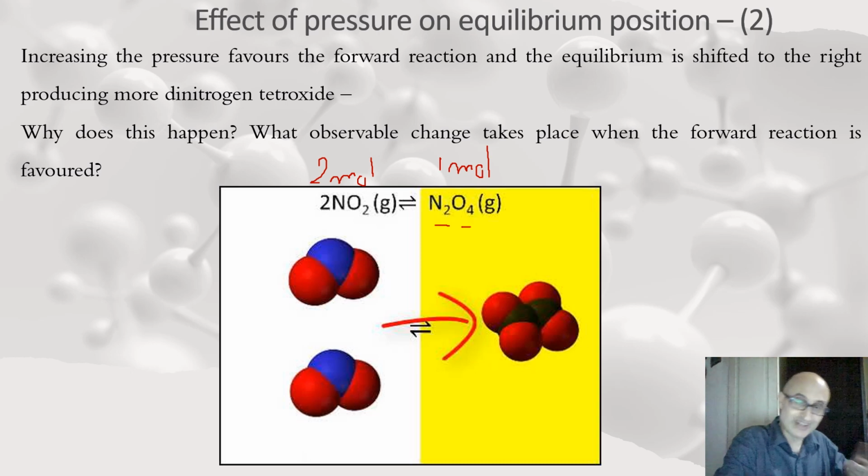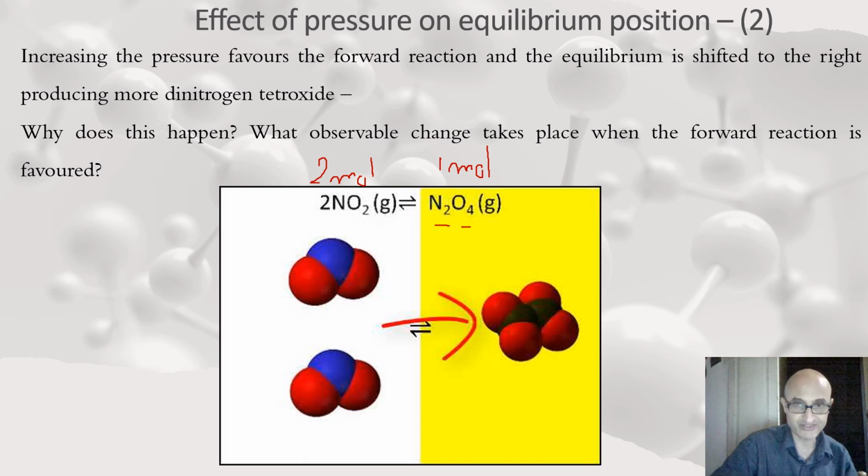What I'm about to say now is this. If I had to increase the pressure of the reaction, since the system wants to get rid of that pressure, it can do so by favoring the forward reaction.